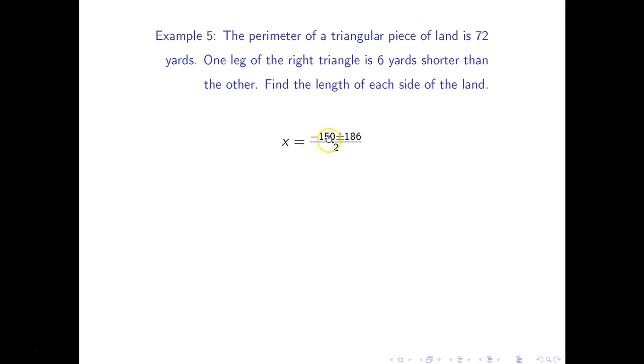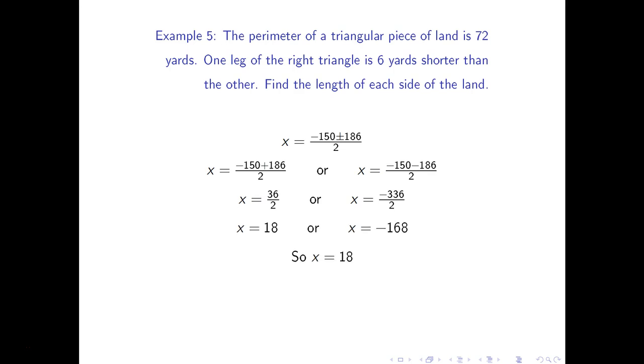Once you're in this phase, we can break it up like we've talked before, and now we can talk about how to do each of these. So this, if I do that subtraction, I get 36 over 2, and this is negative 336. Well, this is negative, which means it's negative length. So I'm going to ignore that, and I'm just going to focus on this 18.